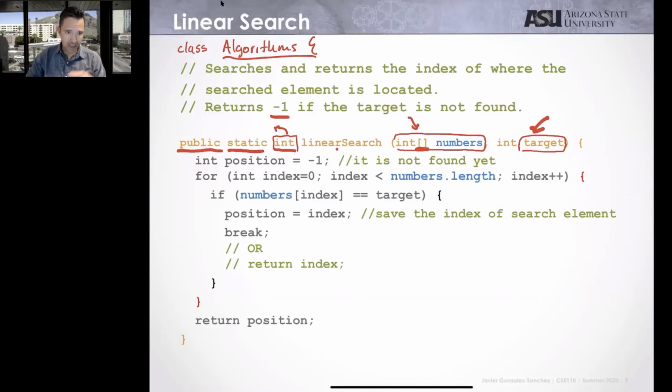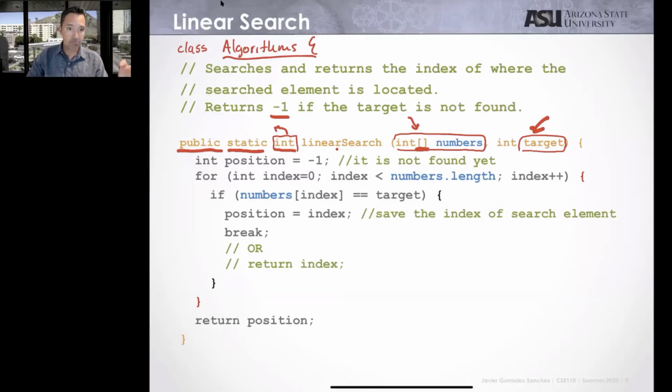But if you put this method in the same class where you have the main, you do not need the name of the class. You only put linearSearch and that's it. You only need the name of the class or the name of an object when you're calling methods that are not in the same class. If they are in the same class, the only thing that you need is the name of the method, period. Good?